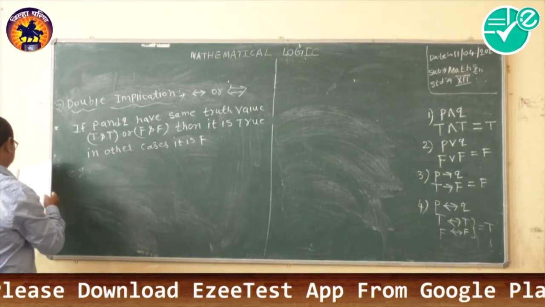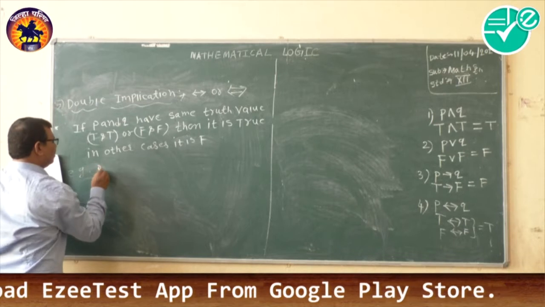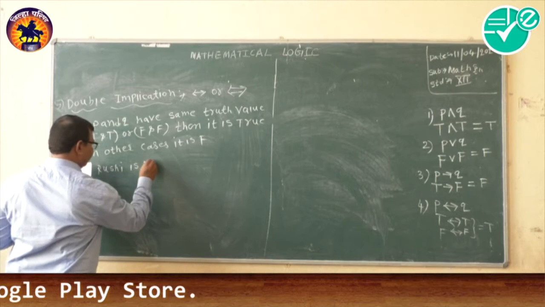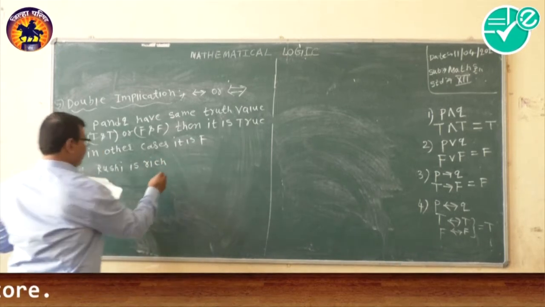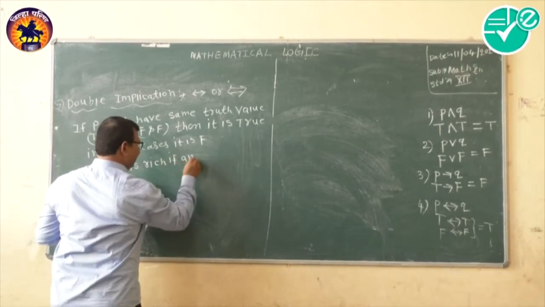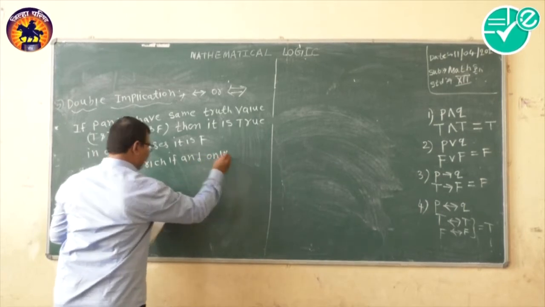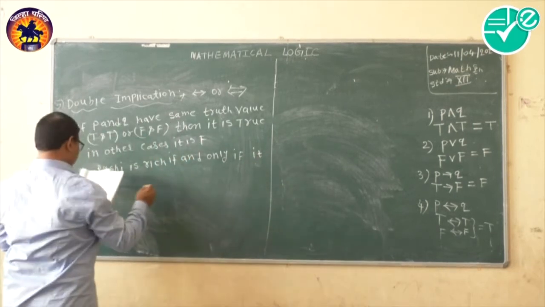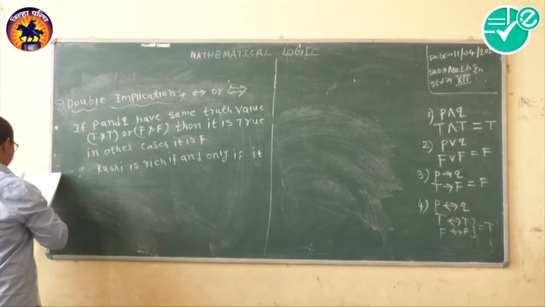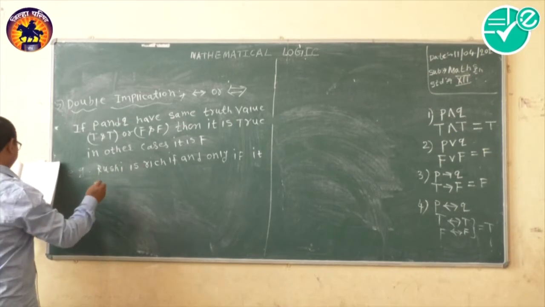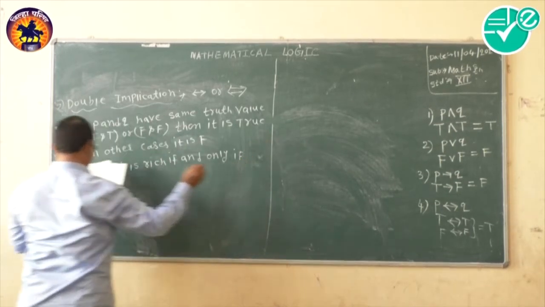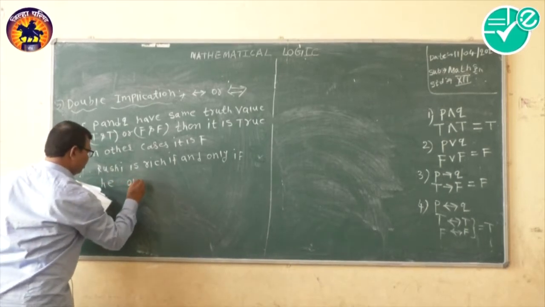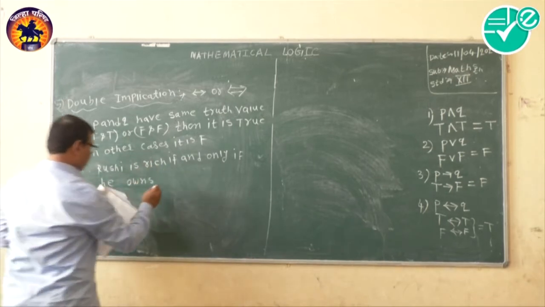Example: Rishi is rich if and only if he owns a car.